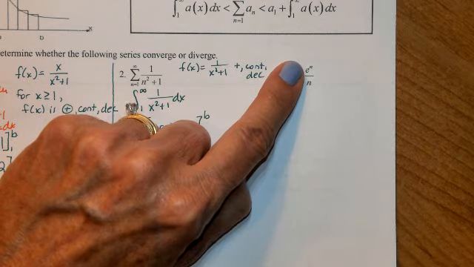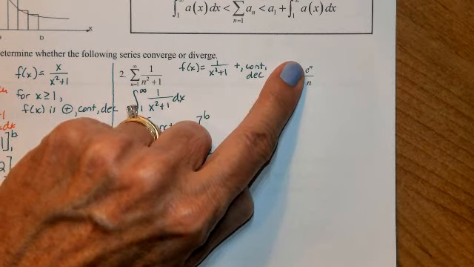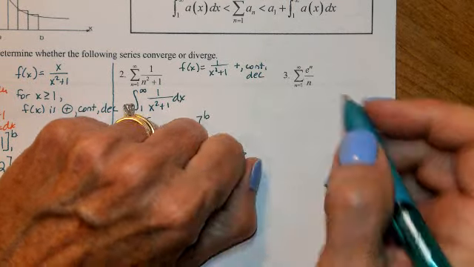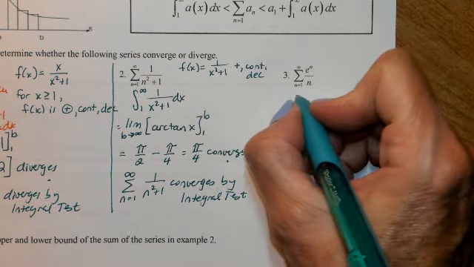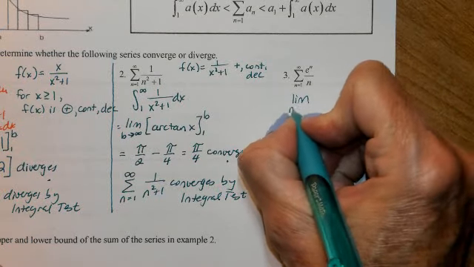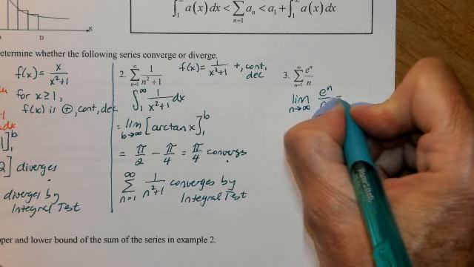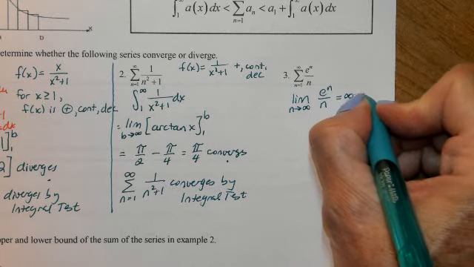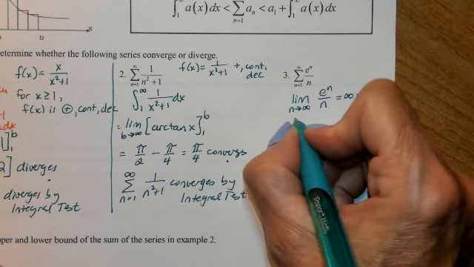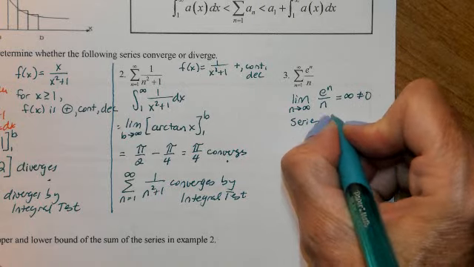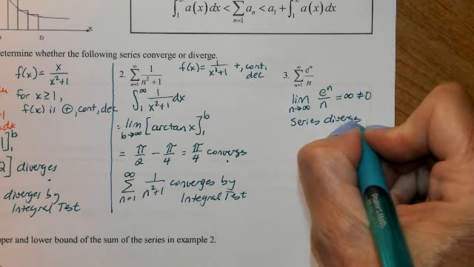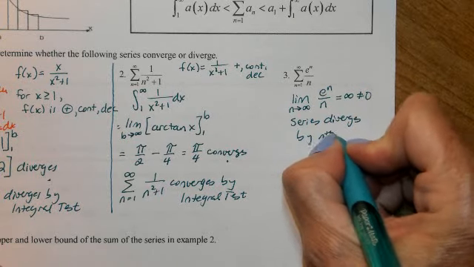So I can use the nth term test here. The limit as n goes to infinity of e to the n over n is infinity, not 0. So this series diverges by nth term test.